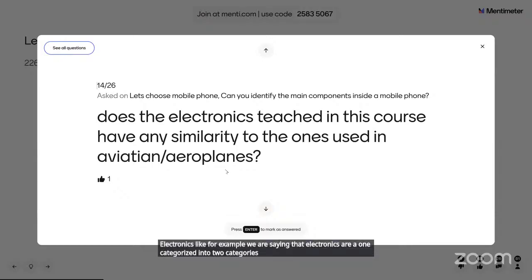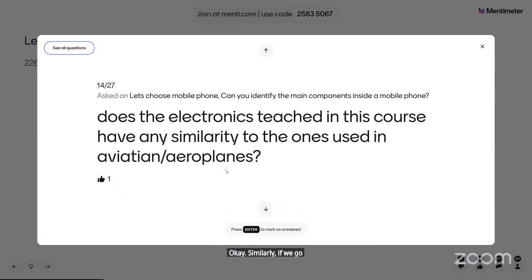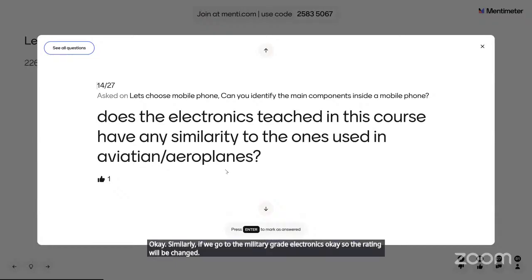One category is the electronic systems we use, like a mobile phone, a smartphone, smart watches. That is called consumer electronics. The ratings of consumer electronics is different. Similarly, if we go to military grade electronics, the rating will be changed.